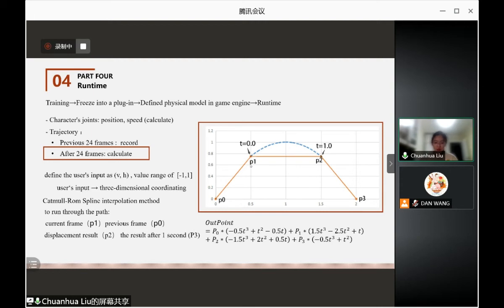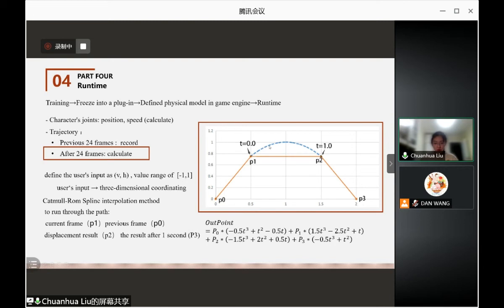We now define the current frame as P1, and the previous frame, which we can just read from the array record, is P0. We calculate the frame of displacement resulting from the user's input, which is P2, and the result after 1 second, P3.